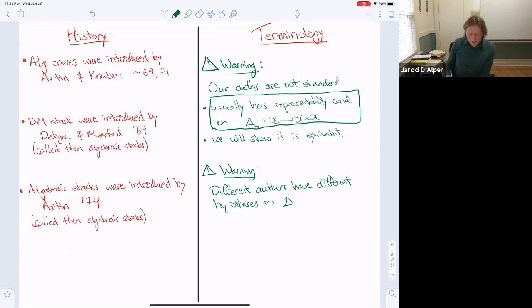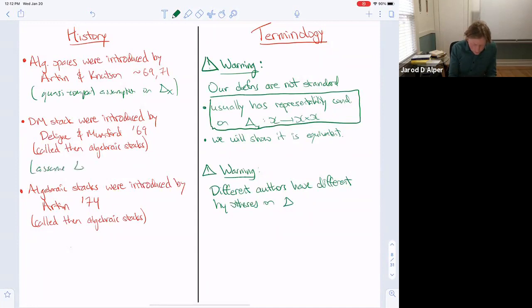And so, looking back at the history, when algebraic spaces were first introduced, there was a quasi-compactness hypothesis on the diagonal. Then Deligne and Mumford didn't impose that condition, but they assumed that the diagonal was representable by schemes, or in other words, that there's an étale presentation by a scheme where that morphism is representable by schemes.